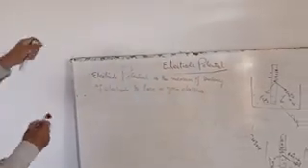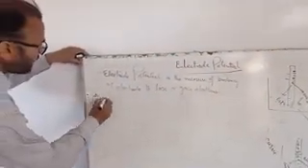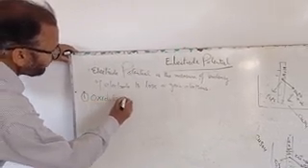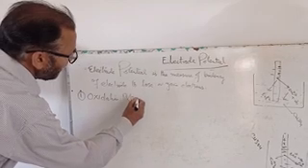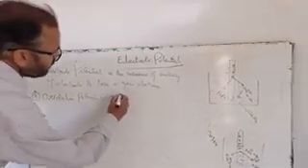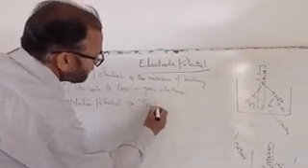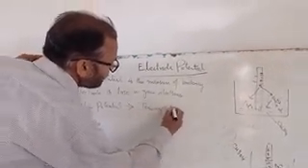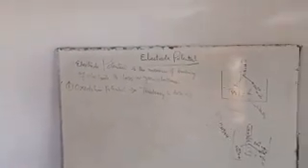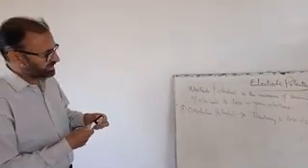For example, first if we consider the oxidation potential, oxidation potential is the tendency of an electrode to lose electrons. I will write in the reaction.